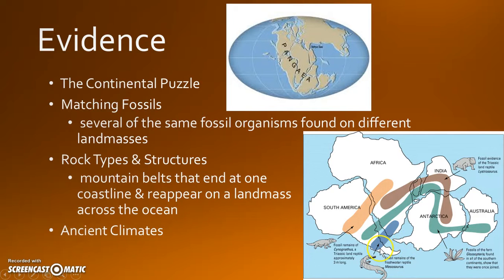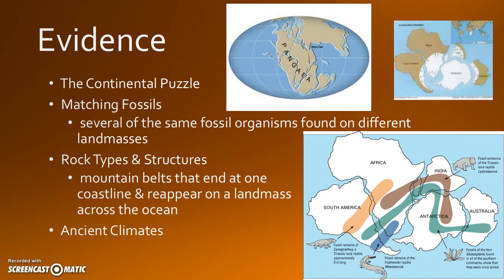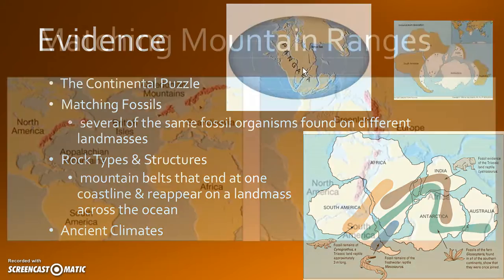And then the most commonly known is the Mesosaurus, and that was found across Africa and South America. Ancient climates: you can see Antarctica, of course, is now our really cold area. But what used to be cold was everything in the middle here. So that shows how our climates have changed.